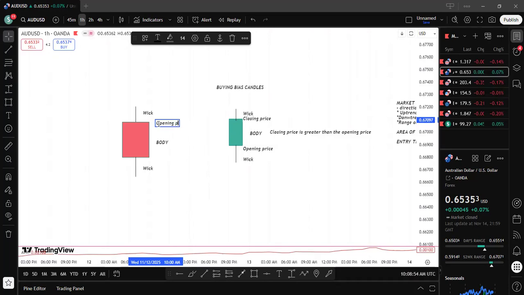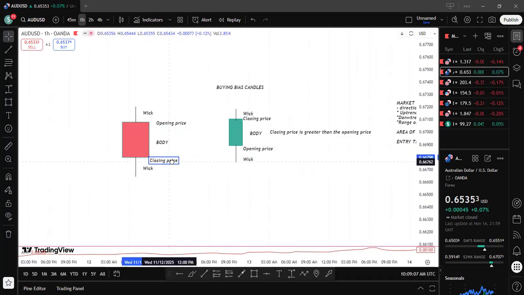Are you seeing that? Just take note of the difference. And then this part now becomes the closing price over here.